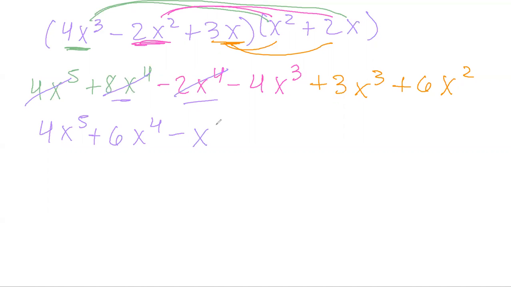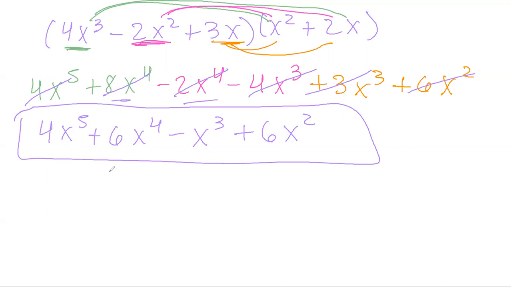So I get negative x cubed. And then the 6x squared just tags along. Okay. Let's see what else we can do.